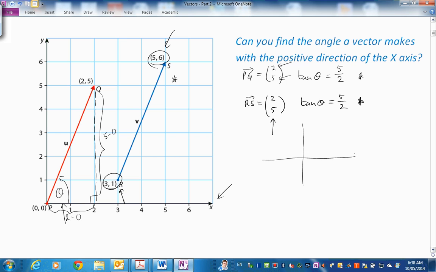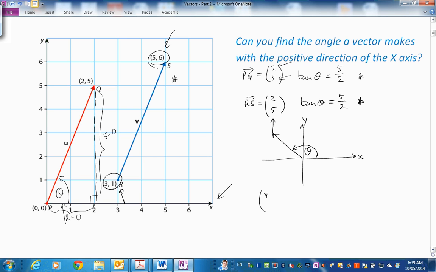So over here, if we had a vector out here, then we'd be looking at that angle. Okay, so we do the same operations, but we would be getting the angle between the vector and the positive direction of the x-axis.